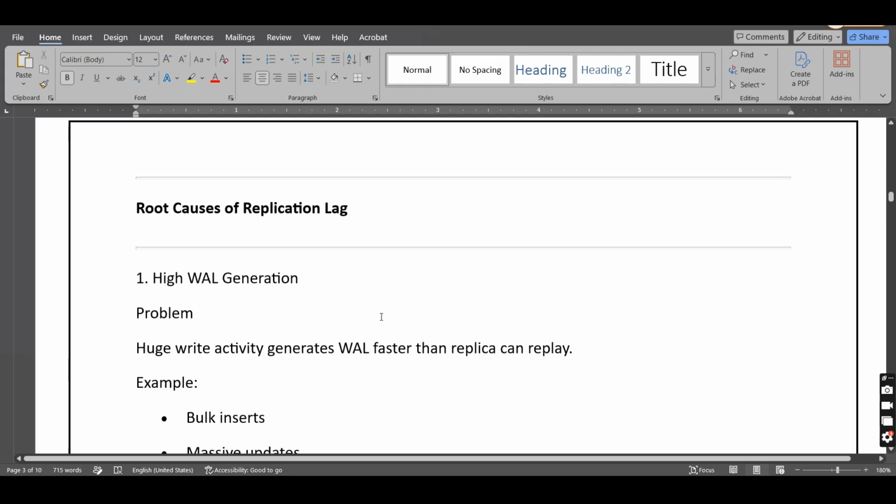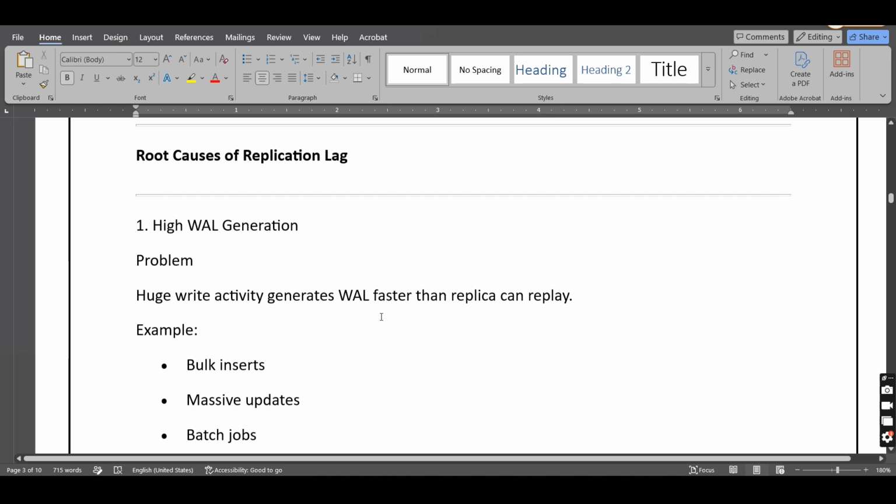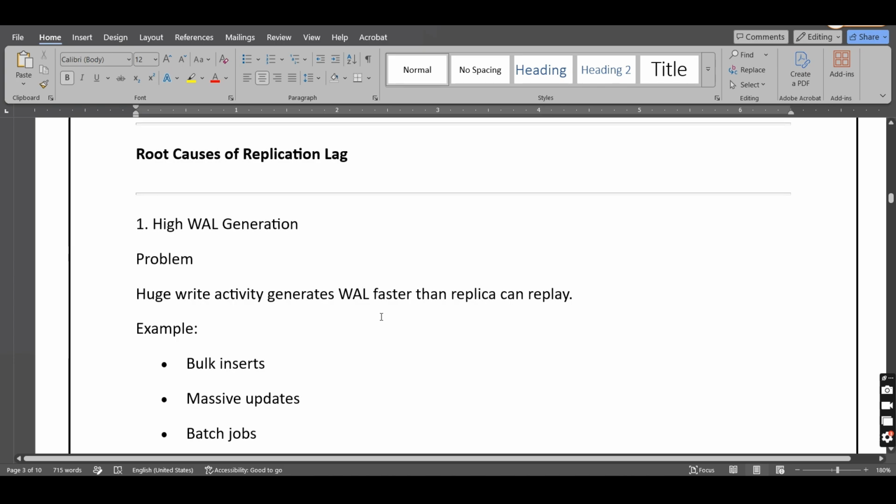So we have some of the root causes of replication lag. First of all, we will briefly discuss these. High WAL generation is definitely the first cause of replication lag.